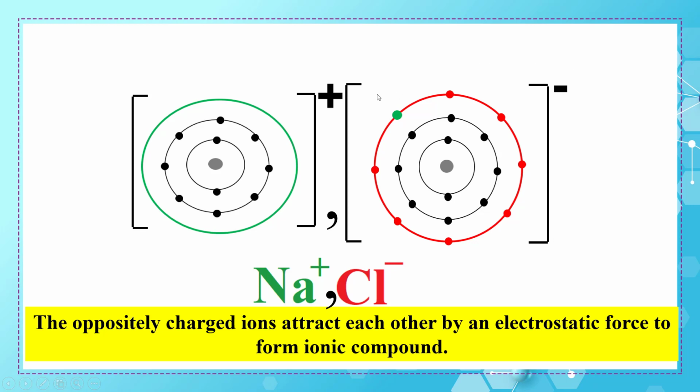These opposite charged ions attract each other by an electrostatic force to form an ionic compound. Have you got it? So the opposite charges between these two ions generate an electrostatic force to form the ionic compound. I hope you observe this video carefully to understand the idea more.